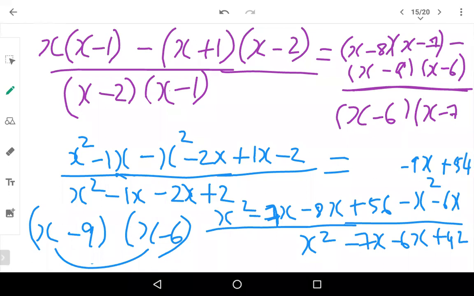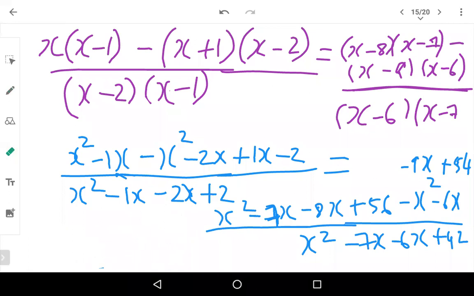Good, very good. You people are able to understand. So this completes our next step. Any doubts in this step? We just multiplied the equation throughout and we did not do anything else.